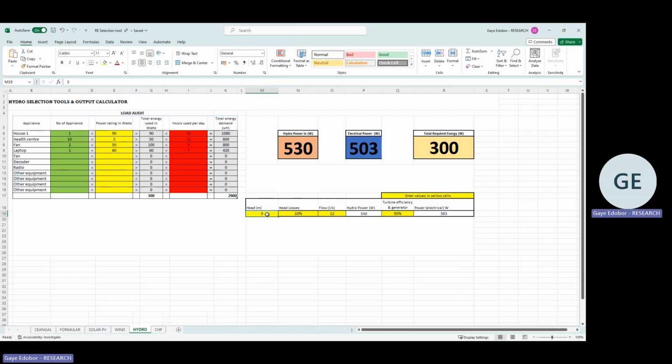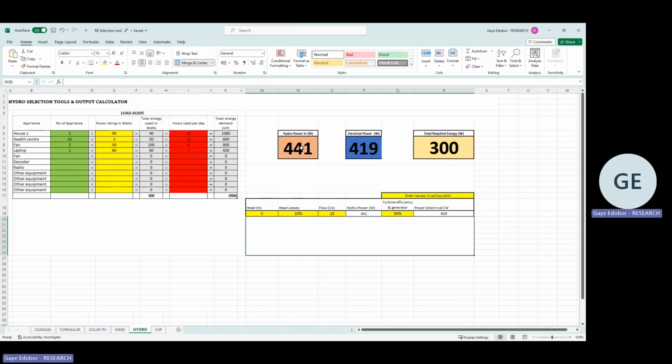So if you have a water head of 6 meters, you can see you're getting more electrical power, right? So if you have lesser water head, 5, you're having lesser power. If you have lower flow rate, again, you can have lower power at the same time.